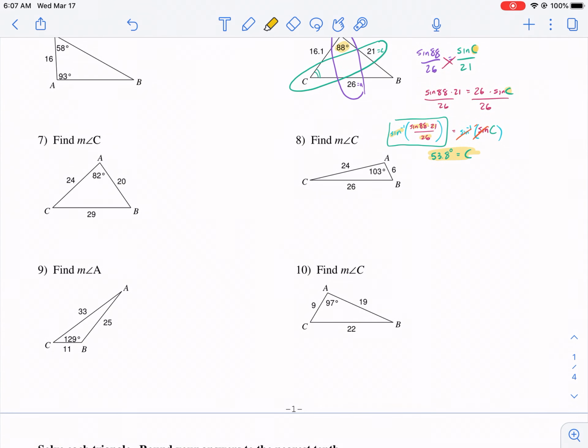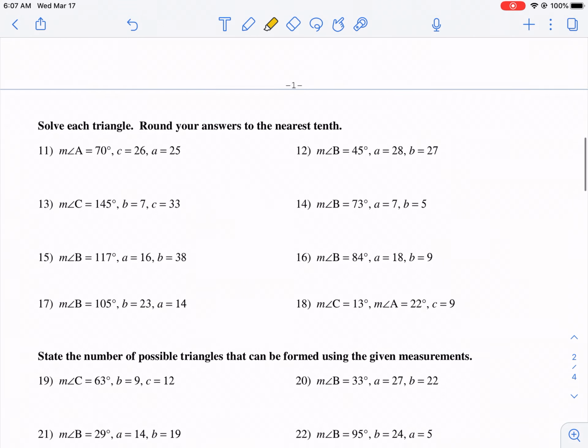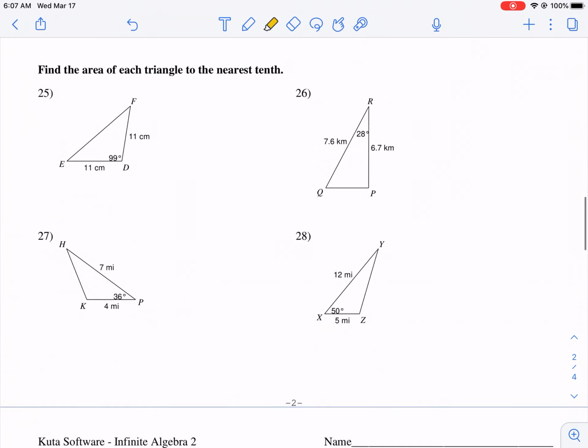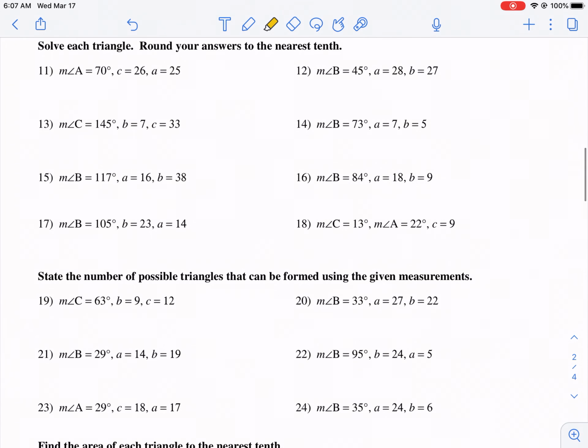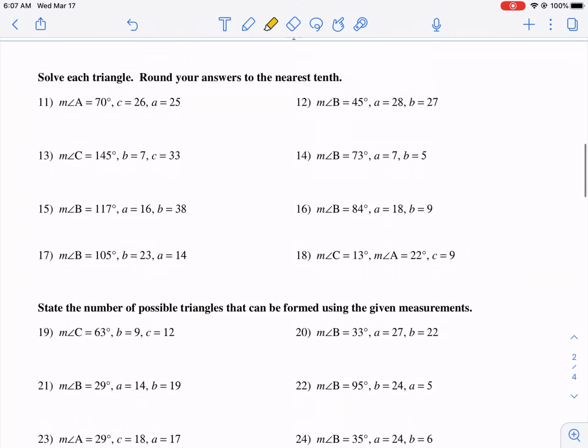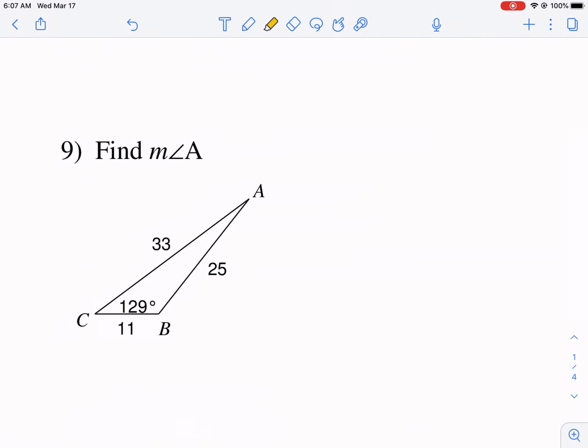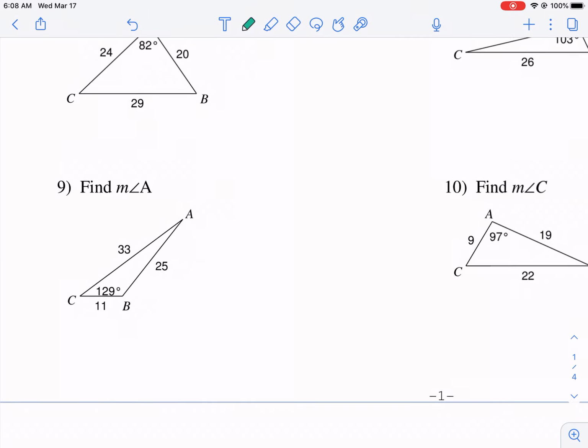Okay, so that one's not obtuse. That one's not obtuse. I'm trying to see what other ones have an obtuse angle. Measure C, that's not obtuse. I got an idea. Let's find measure B. We'll do A, and then we're also going to find... Oh, B would not be obtuse though.